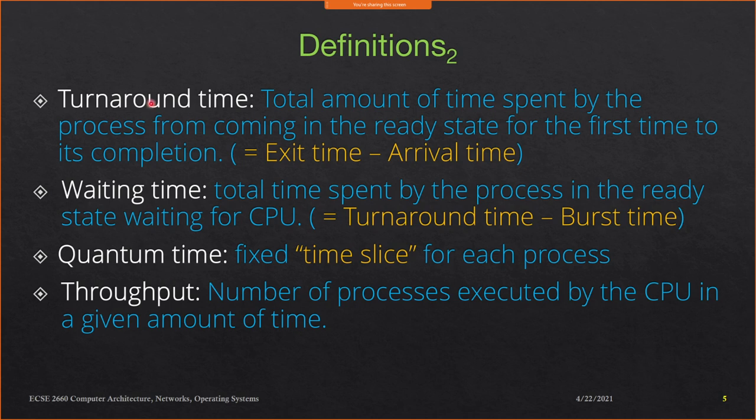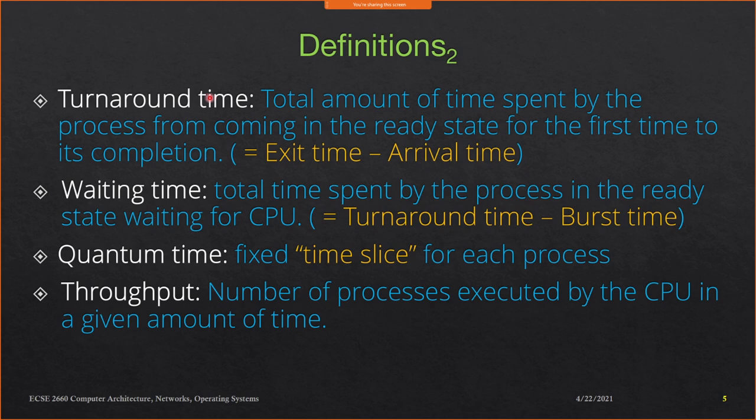Next, we'll take a look at turnaround time. Turnaround time is the total amount of time spent by a process from coming into the ready queue, arrival time, for the first time until its completion, exit time. So if you take the end time and subtract the start time, that is called the turnaround time.